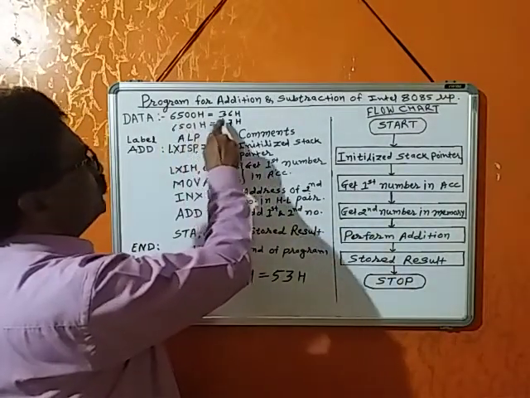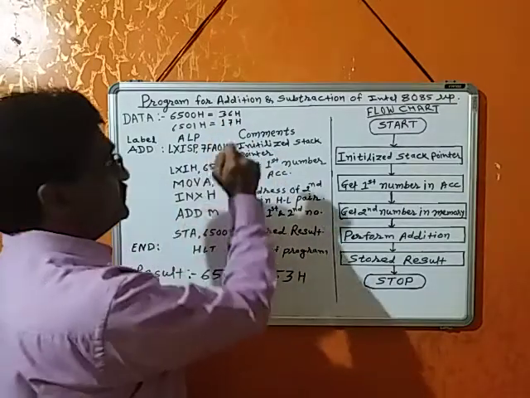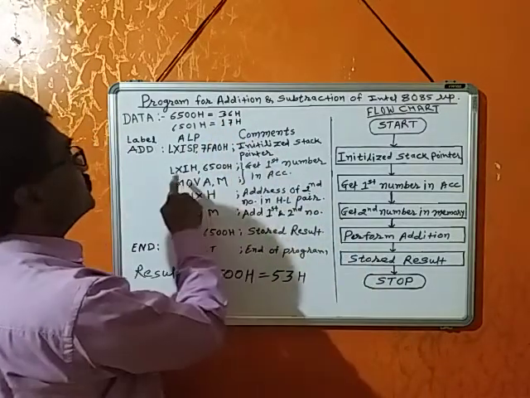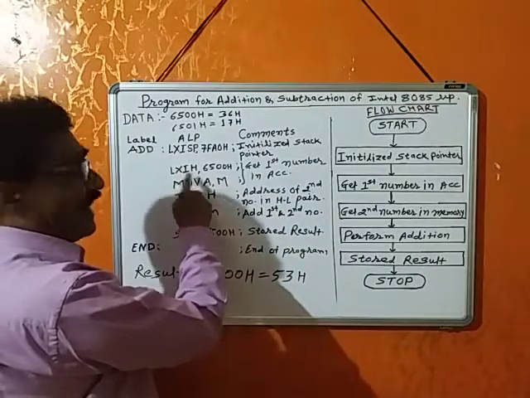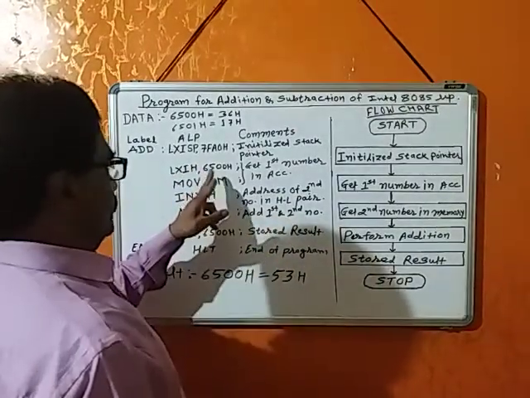In 6500H, there is 36H, and this is the first number. The address of this first number is initialized by the HL pair.